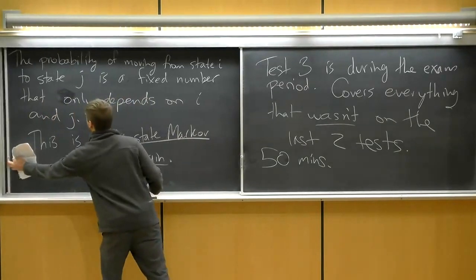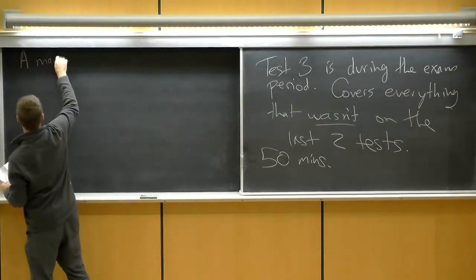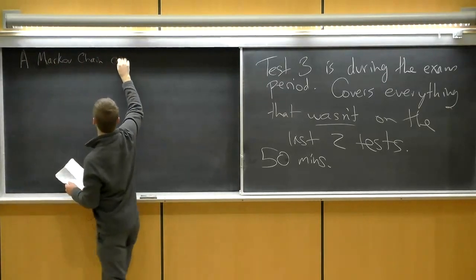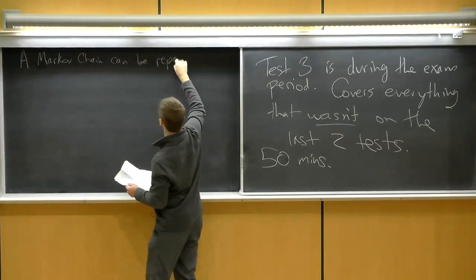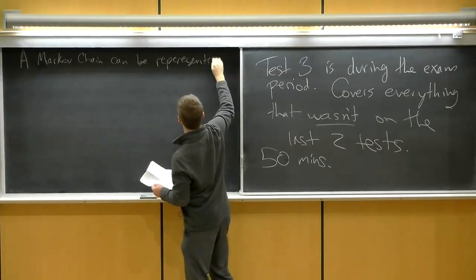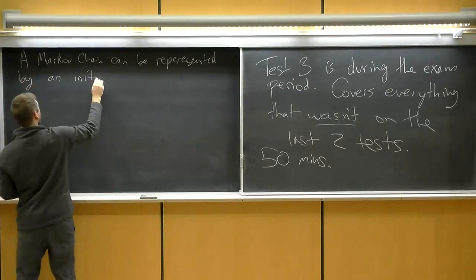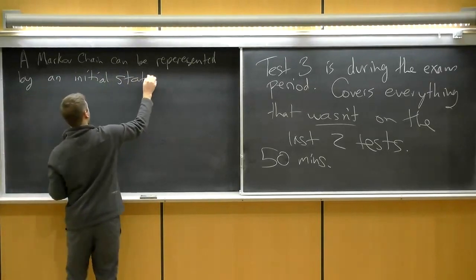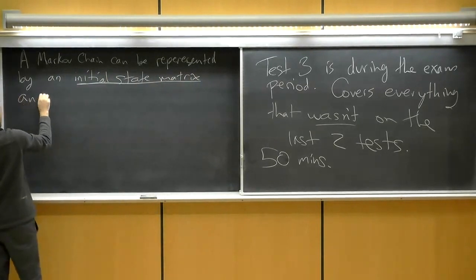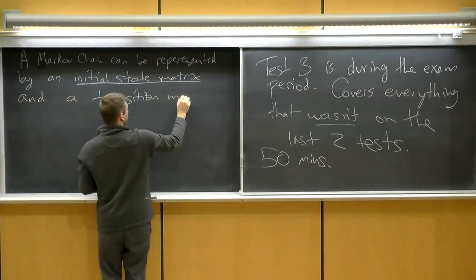A Markov chain can be represented by an initial state matrix and a transition matrix.